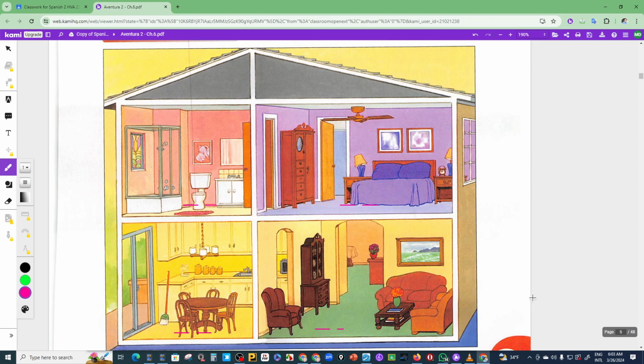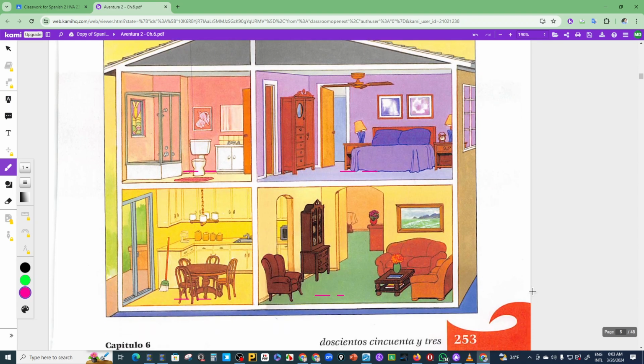Okay, how about the next one? Number 2. We are doing what cuarto, qué cuarto estoy describiendo. Está una mesa, 4 sillas, una escoba, una lámpara y una puerta de vidrio. ¿Cuál cuarto es?